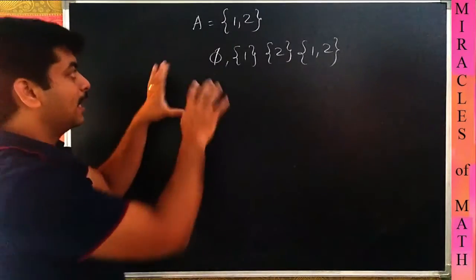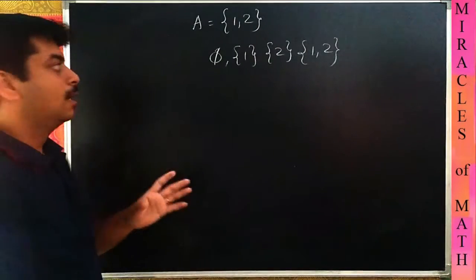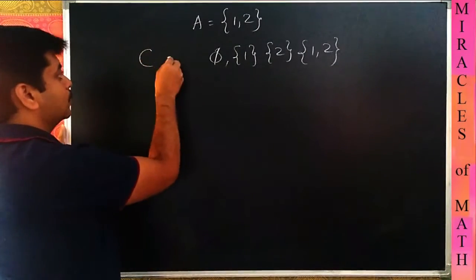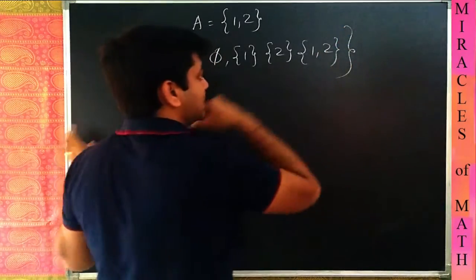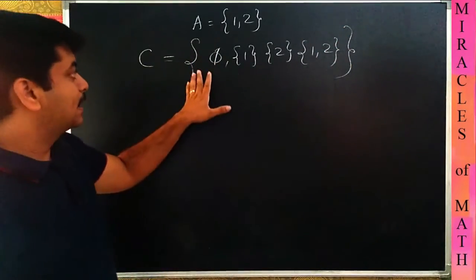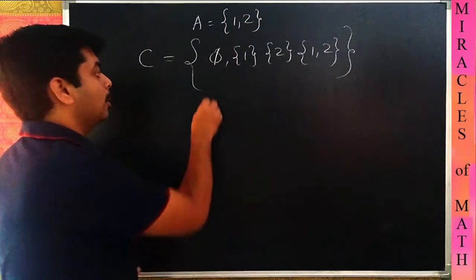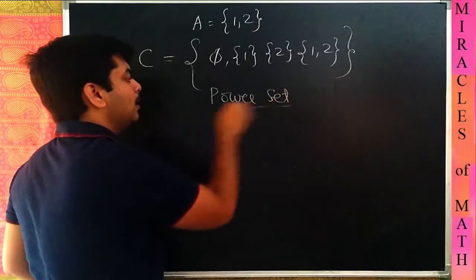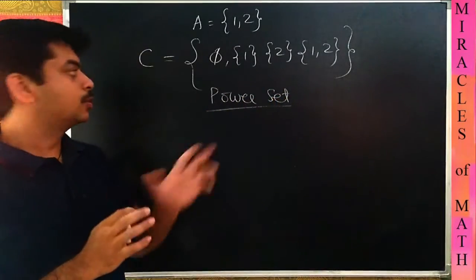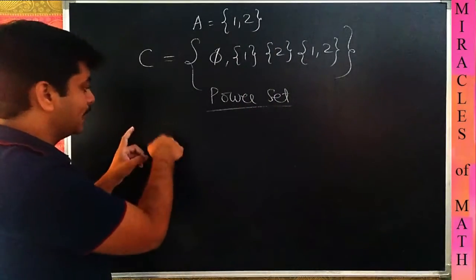When you write the complete thing as one more set, I am mentioning one new set C, consisting of all the subsets. A set consisting of all the subsets of a given set is called a power set.